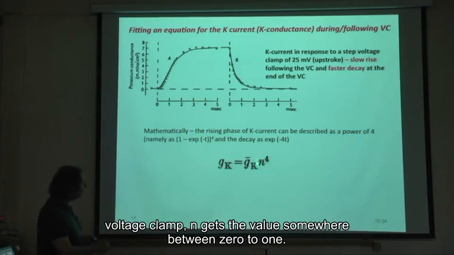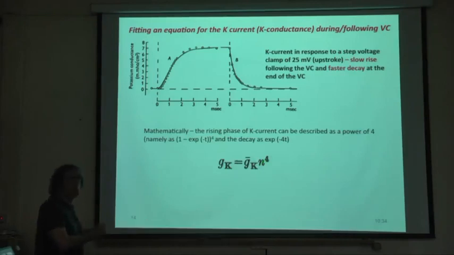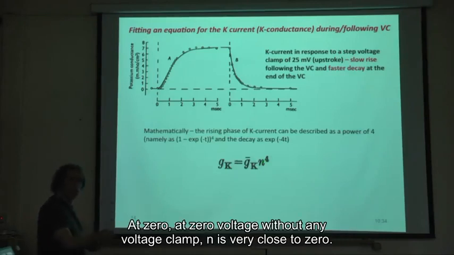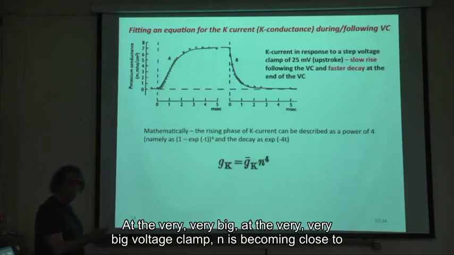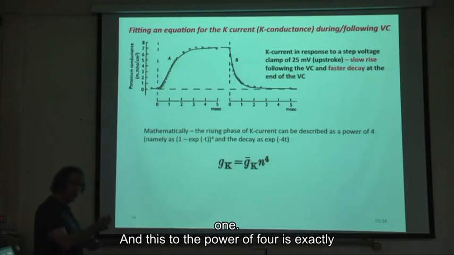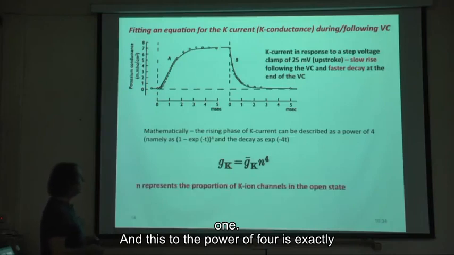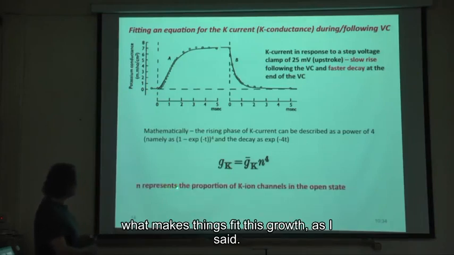But of course, we have to discuss what this parameter is, which is really the parameter that makes the current both voltage dependent but also time dependent. So N is between 0 and 1, but N depends on both voltage and time. N represents the proportion of K ion channels in the open state.